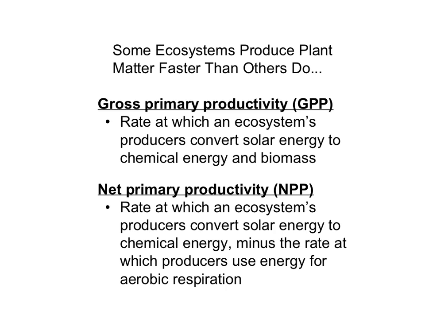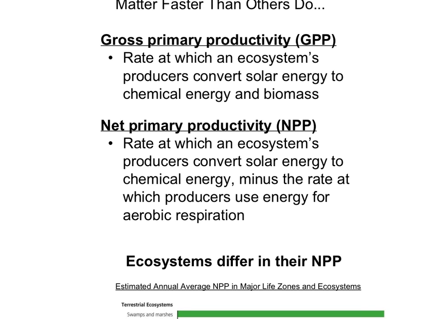Gross primary productivity is the rate at which an ecosystem's producers convert solar energy to chemical energy and biomass. But that doesn't tell you the whole story. This really does, because net primary productivity subtracts out the rate at which producers use energy for their own aerobic respiration. Don't forget, plants also have to make ATP.